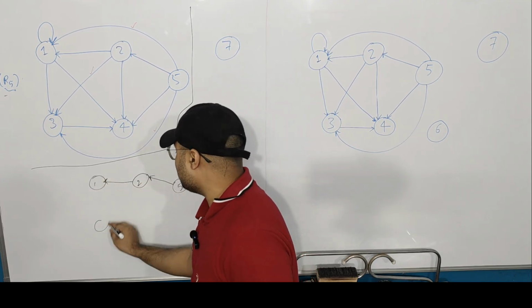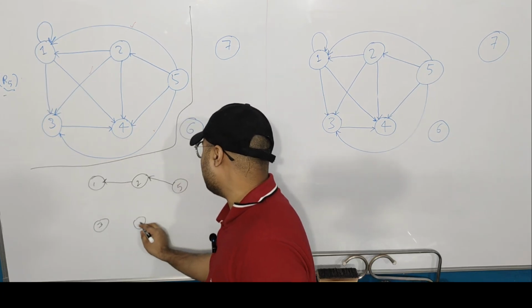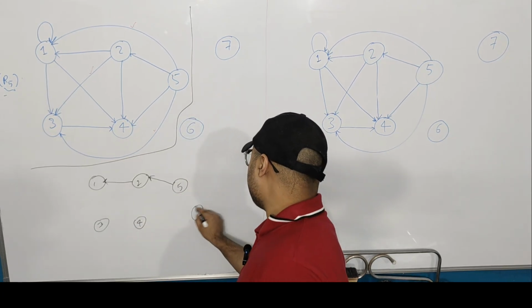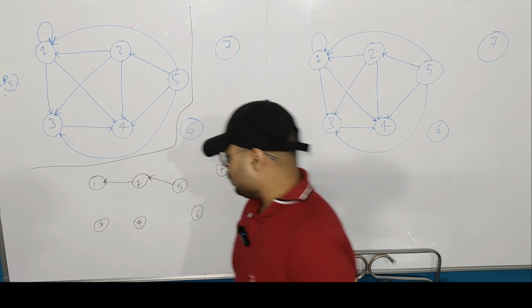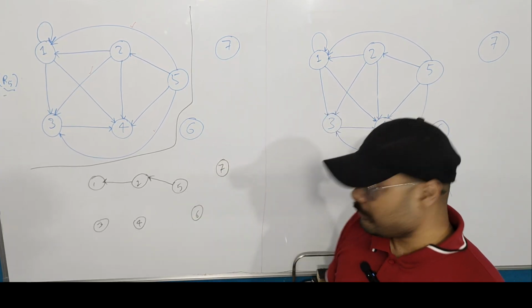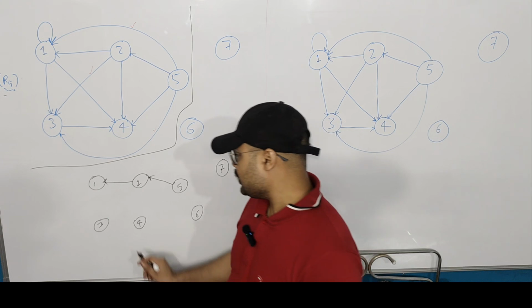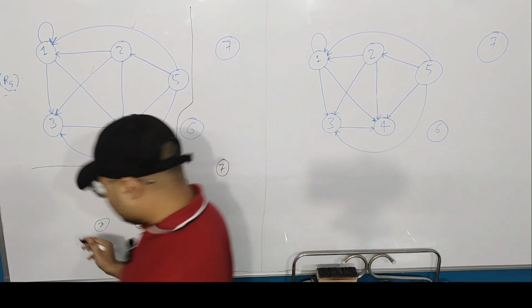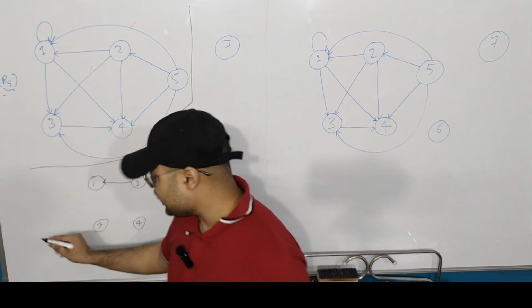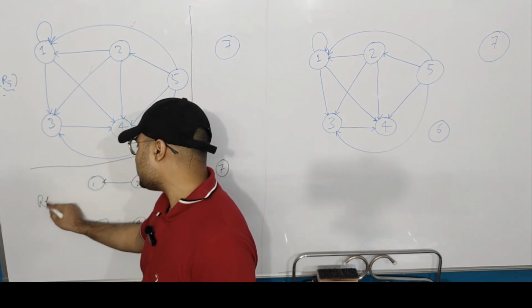Every vertex is there. Then you can just leave it like this with an added information that the relation is transitive. This is the added information. What is the added information? That the relation is transitive.